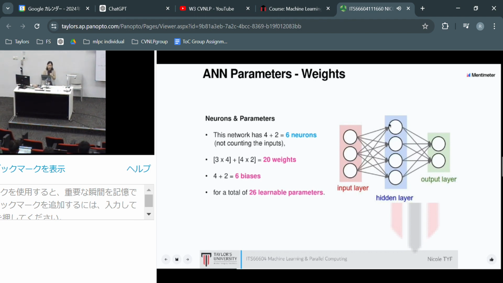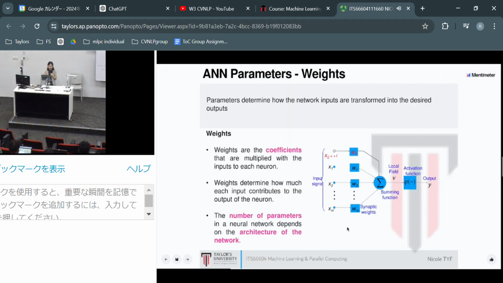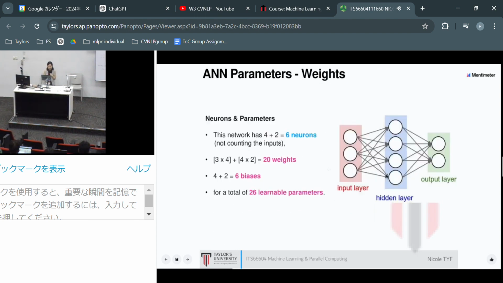If you still remember, the criterion for something to be classified as a perceptron is that it needs to have an input and an output. At the first layer, these are the inputs themselves, so they don't have any input channeled towards them. Therefore, this is not considered a neuron or a perceptron. Okay? So altogether here, we have 6 neurons.